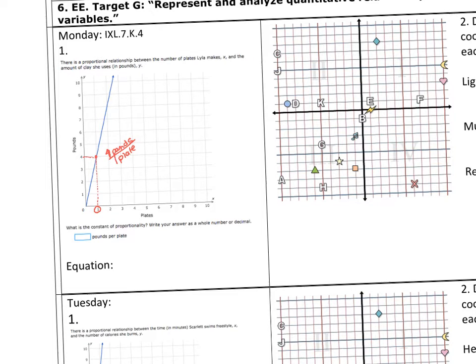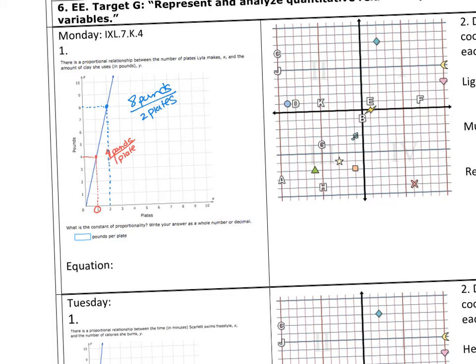And coincidentally, when you go up 2, you'll see that it intersects with 8. All right, so the 8 represents your y-axis, so 8 pounds for 2 plates.